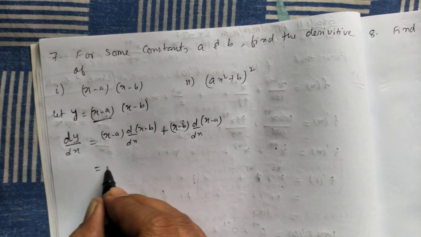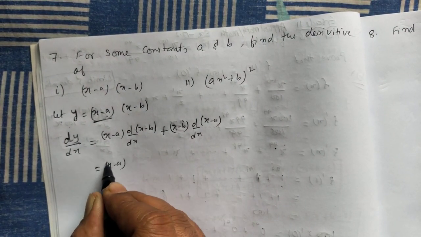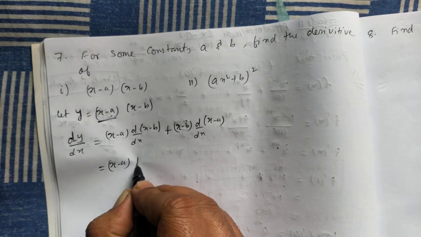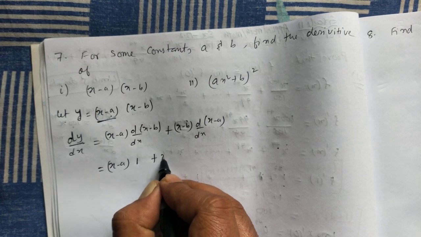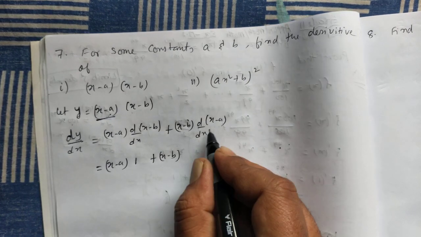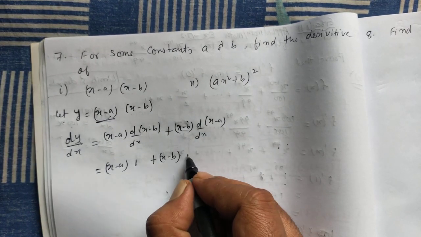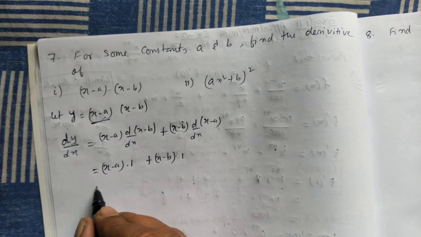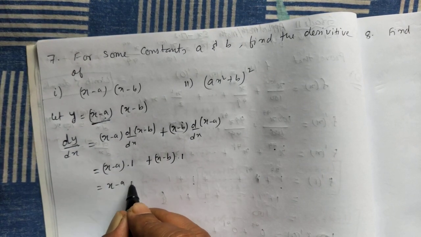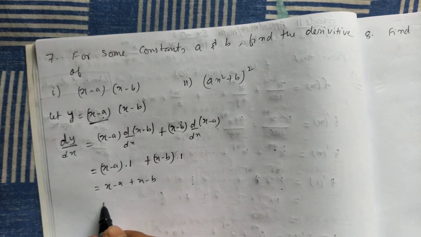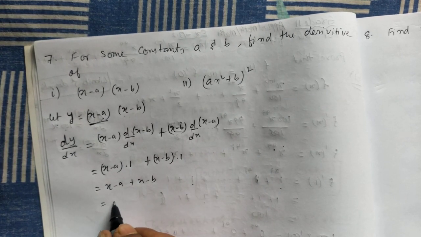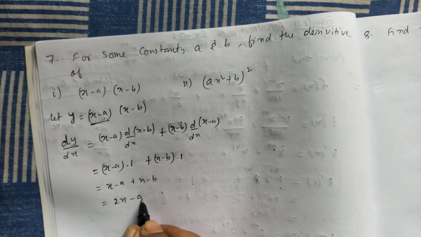So derivation of x is 1, derivation of constant is 0, so we don't need to write, so only 1 is left. Derivation of x is 1, so you are left with x minus a, x minus b, so it is 2x minus a minus b is your answer.